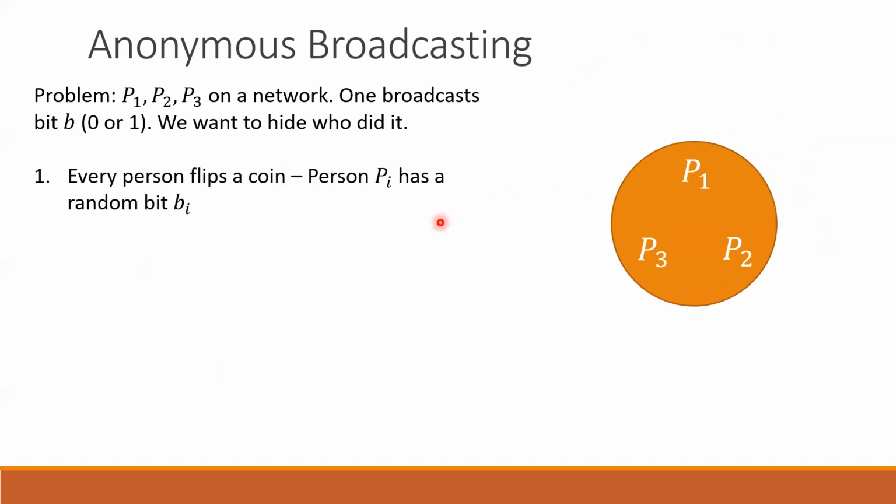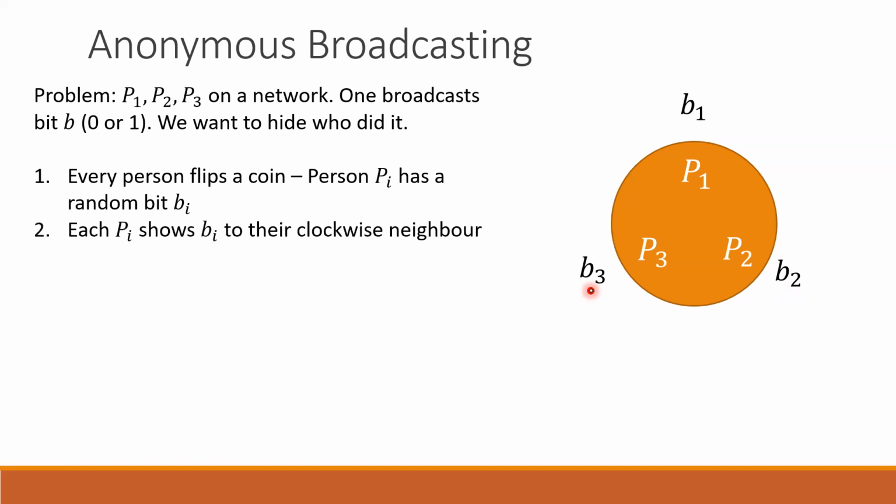The protocol we're going to use is that every person flips a coin. So person Pi has a random bit Bi: P1 has B1, P2 has B2, and P3 has B3. Each of these shows their bit to their clockwise neighbor. P1 shows B1 to person 2, person 2 shows their bit to person 3, and person 3 shows their bit to person 1.